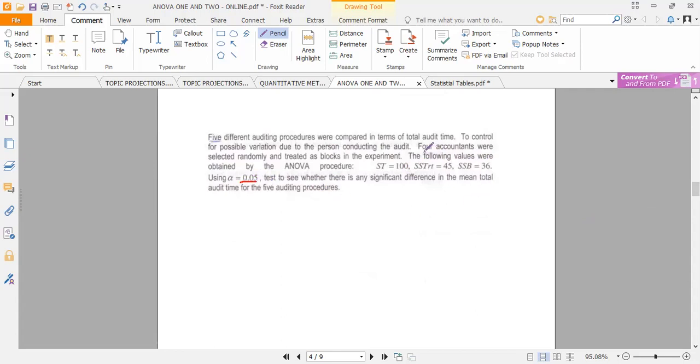You've been told accountants were 4, and that there are 5 auditing procedures. Accountants will be treated as treatment, meaning the other ones will be treated as what? Blocks. So this will be your homework. Just conclude. Unless there are any questions, please ask.